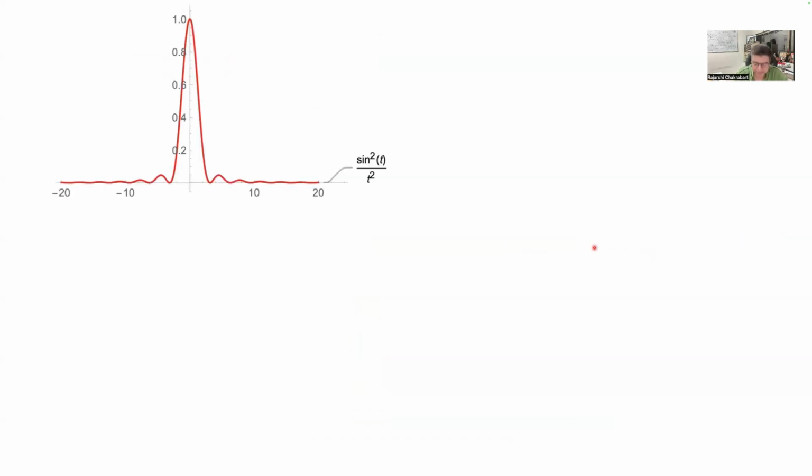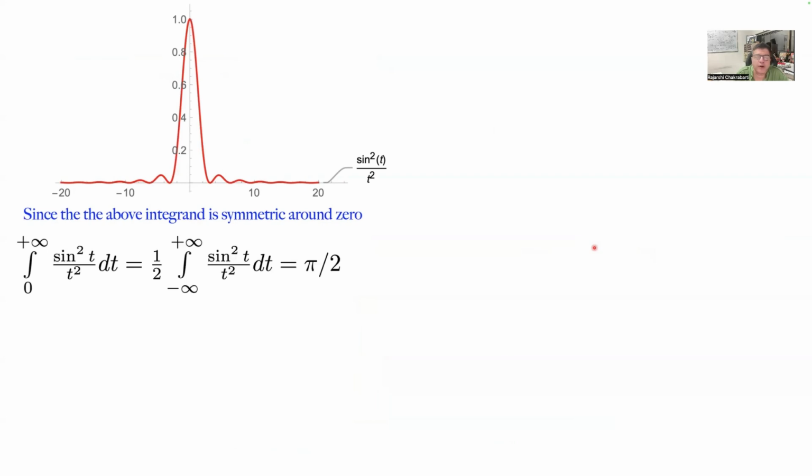Before we do this, let us also analyze this function more closely. From the plot, it is obvious, and also from the expression, that this is a symmetric function. Symmetric around 0, because if we change t to minus t, the whole function doesn't change sign. Sine squared t over t squared doesn't change sign. So the integration of this whole function from minus to plus infinity is just twice that from 0 to infinity.